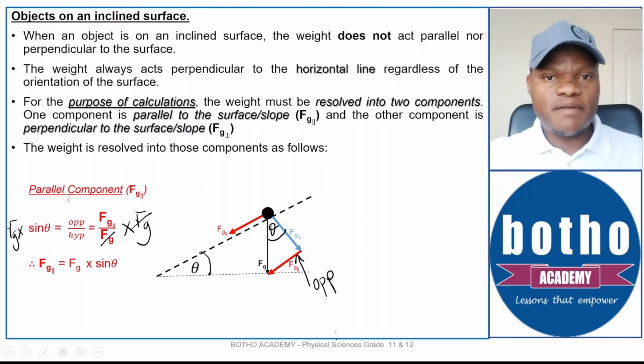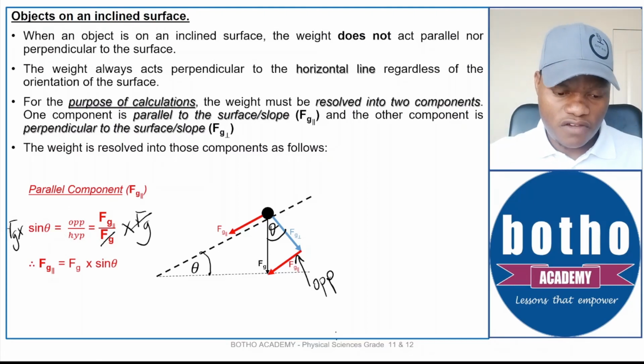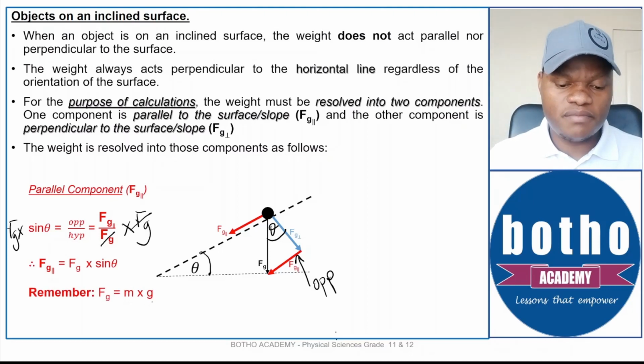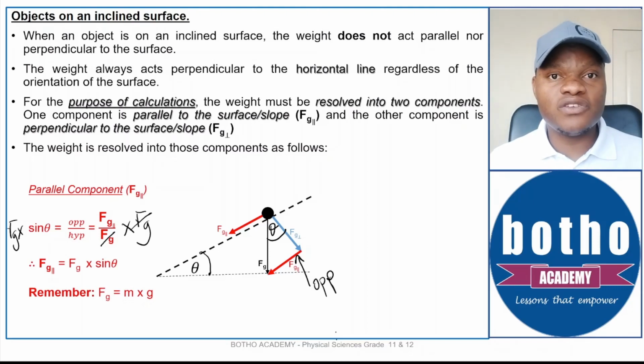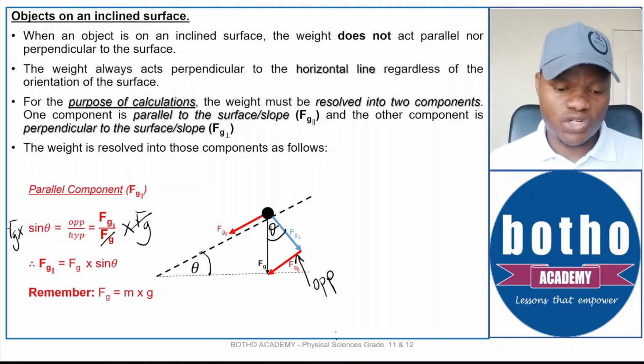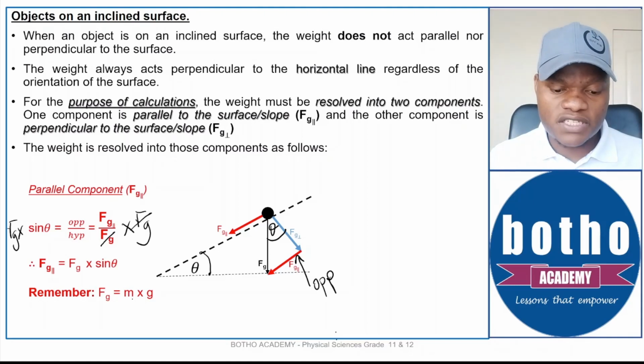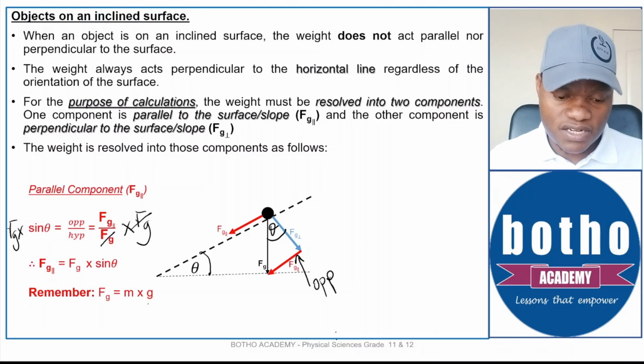But remember, there's a formula to calculate FG. Remember, Fg is equal to the mass multiplied by gravitational acceleration, which is 9,8. We did that in lesson 1, the calculation of weight. Remember, Fg is the weight. The weight is equal to the mass multiplied by the gravitational acceleration.